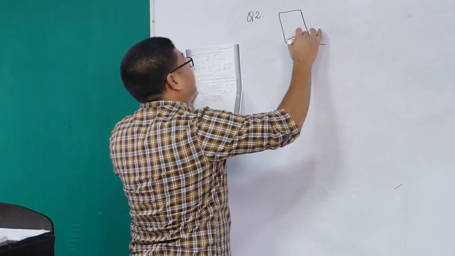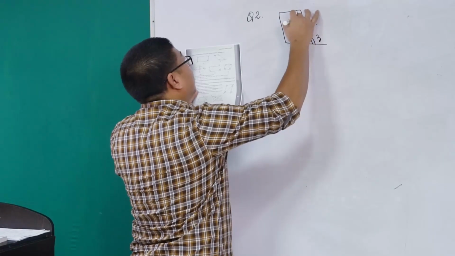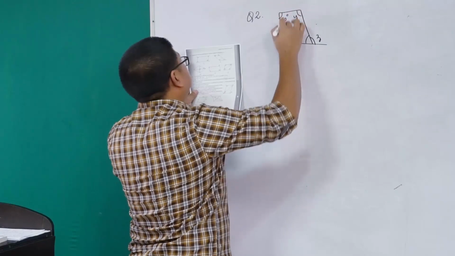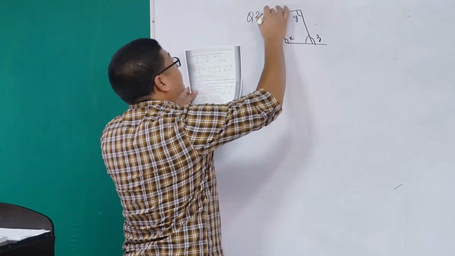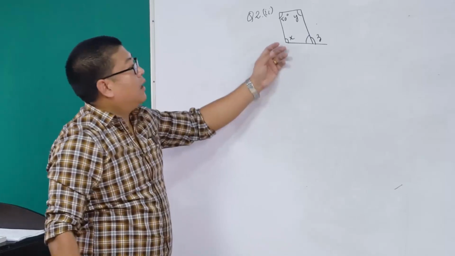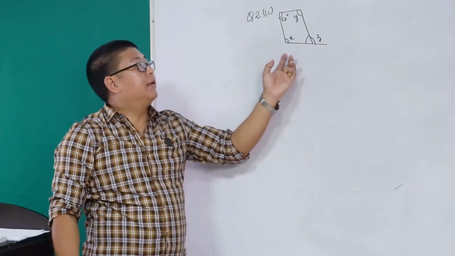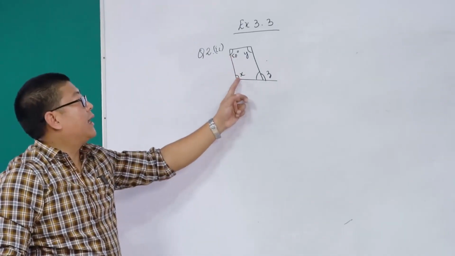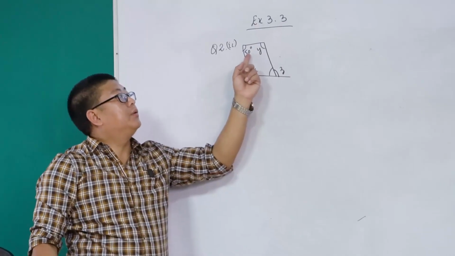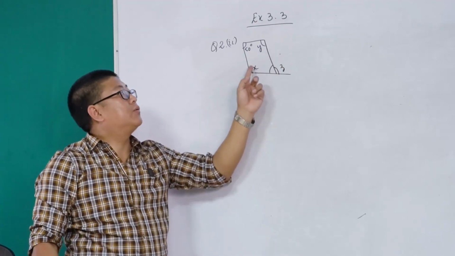It has been given as this, Y, 50 degrees and X. Now here they have given us 50, Y and X. We have to find X, Y and Z.